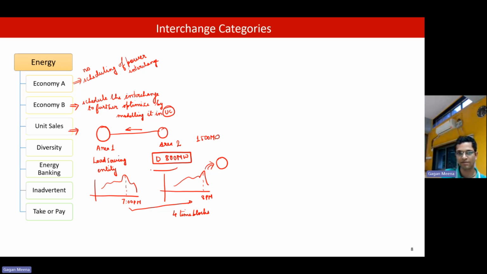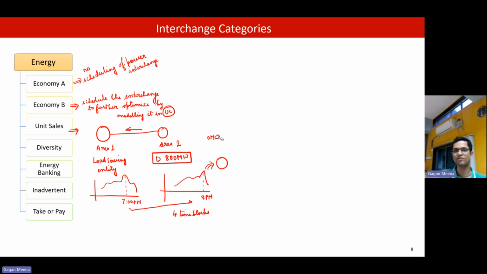Then area 2 can supply power here. So connecting areas with systems having different times of peak day, both areas will be able to meet their peak load because they occur at different times. Generating assets in one area can help to meet the peak load in the other area, and vice versa. For both areas, it can happen.